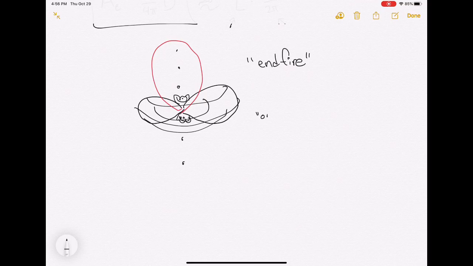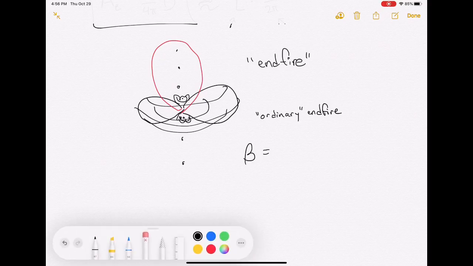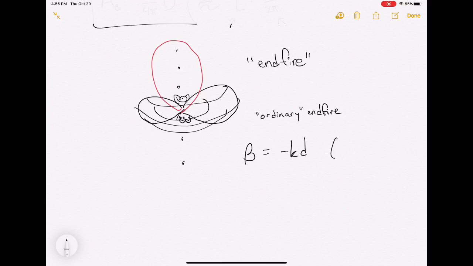Ordinary Endfire has a progressive phase shift, beta, applied to each element of minus kd if you want the main beam direction to be at 0 degrees, or plus kd if you want the main beam to point at 180 degrees.